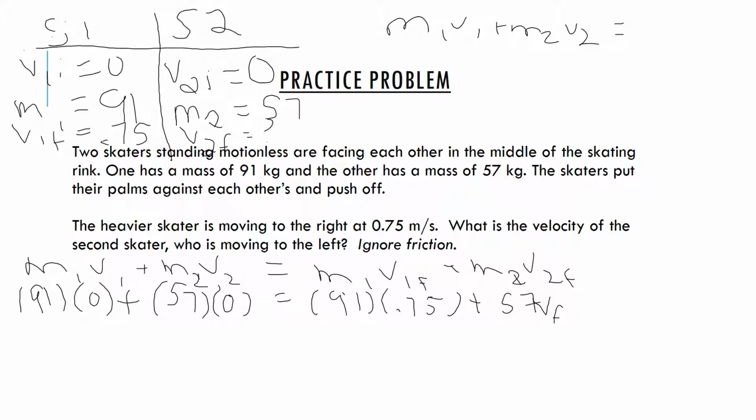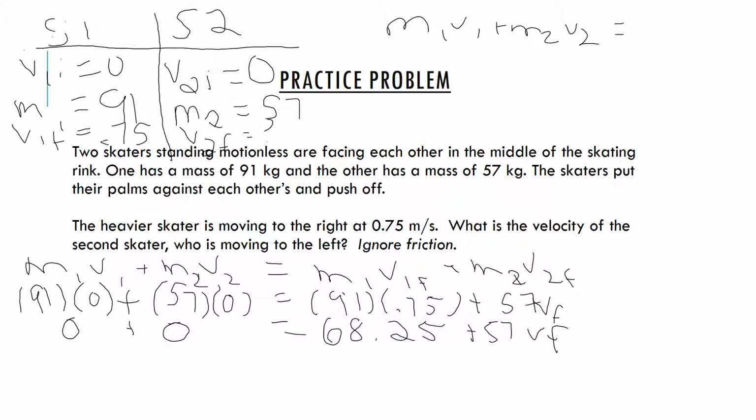All right, so 91 times 0 is 0. Plus 57 times 0 is 0. Equals 91 times 0.75. 91 times 0.75 equals 68.25. Plus 57 VF.